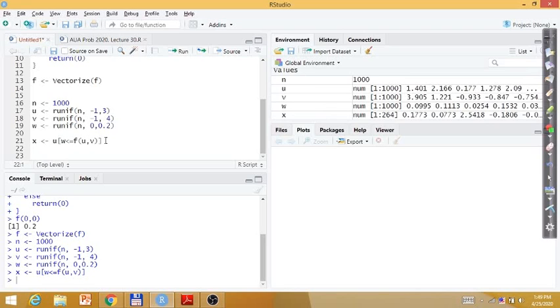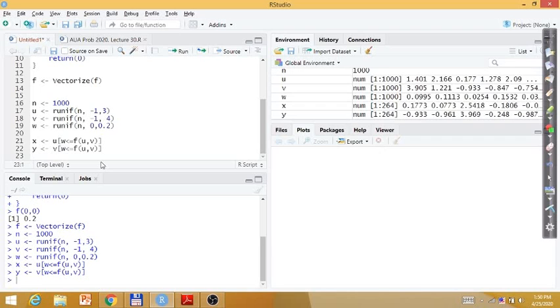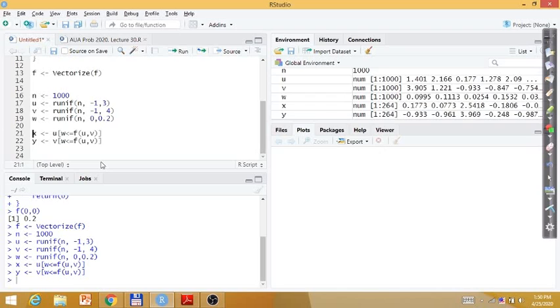So I'm doing the same for y. I'm copying this and here I will write y is equal to, and I'm choosing from v with the same condition. I will choose u and v coordinates for all points that satisfy w less or equal than that. I'm running this again, Control Enter, and now I have those points.